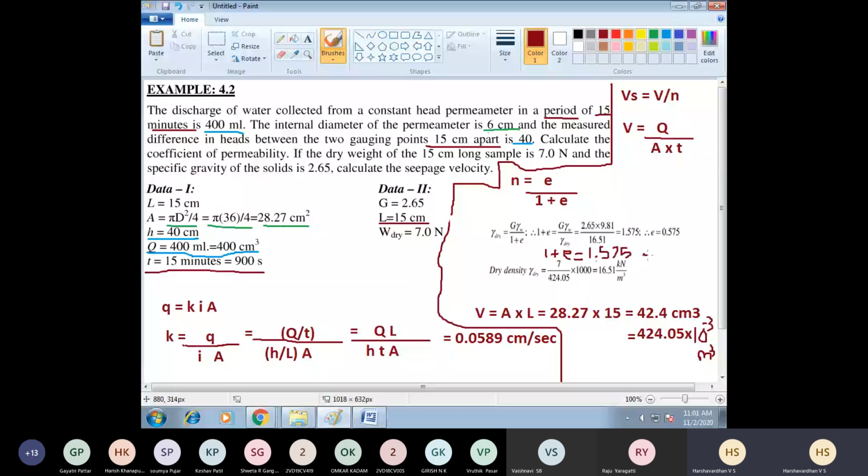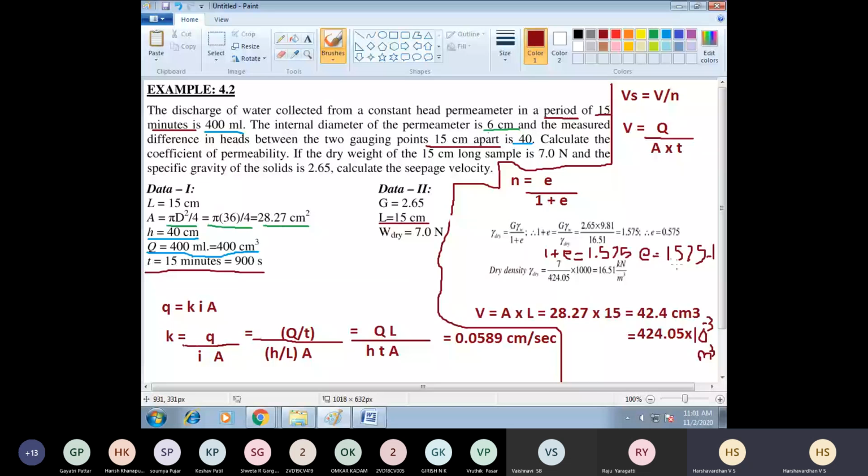So e will be equal to 1.575 minus 1. So it is 0.575. So e is 0.575.